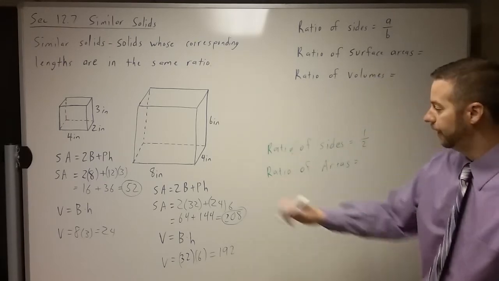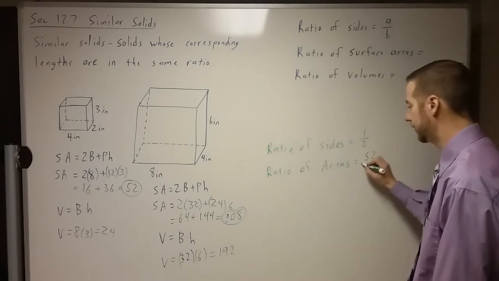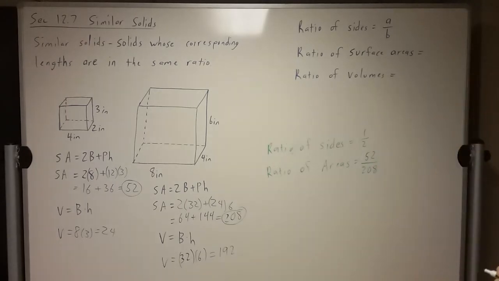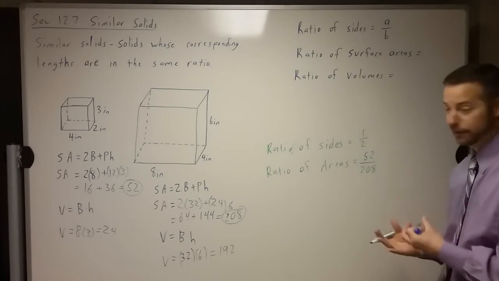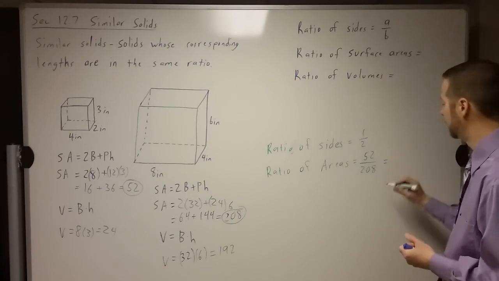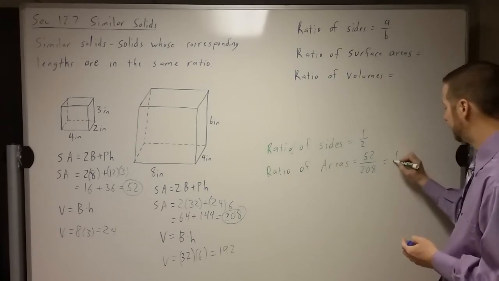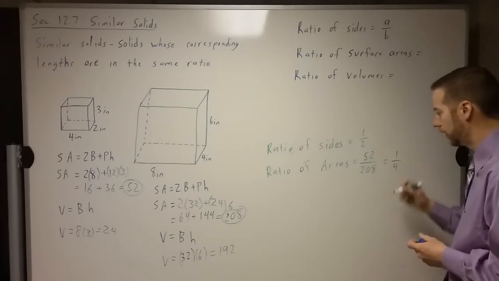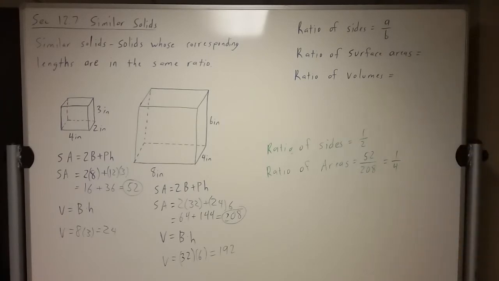Well, we got 52 for the smaller surface area, 208 for the bigger surface area. If I divide both of these by 52, 52 actually goes into both of these. 52 divided by 52 is 1. 208 divided by 52 gives us 4. So the ratio of areas is 1 to 4.